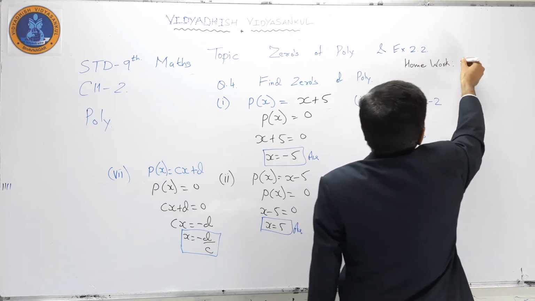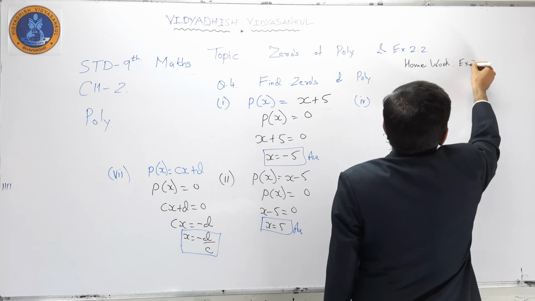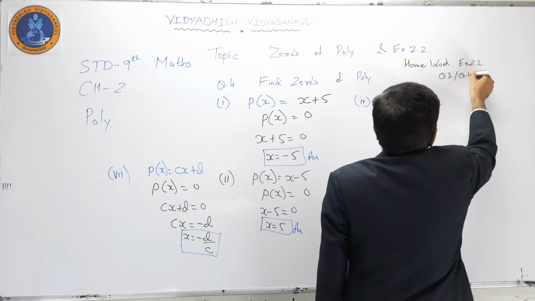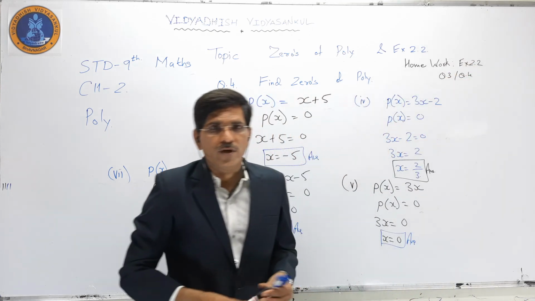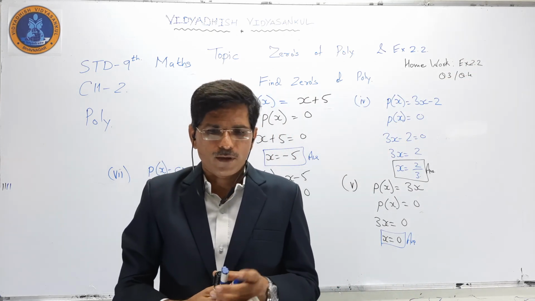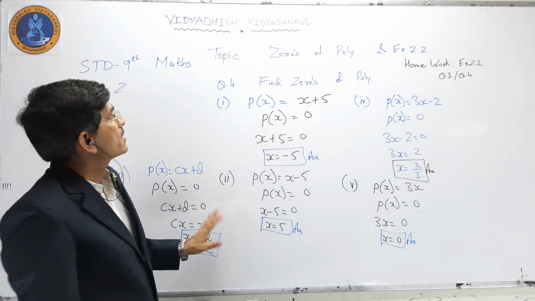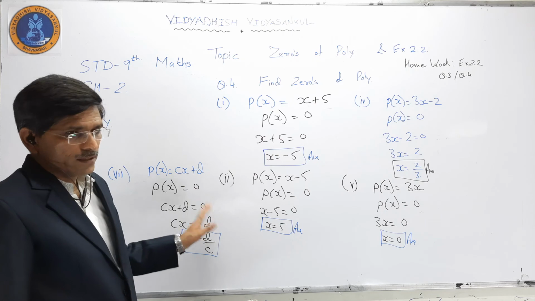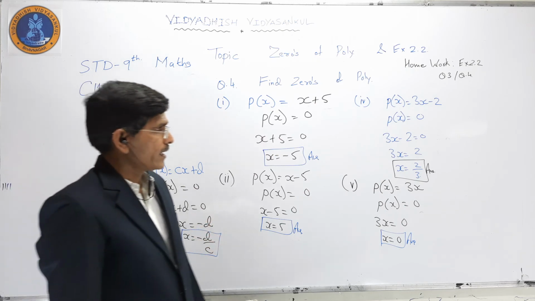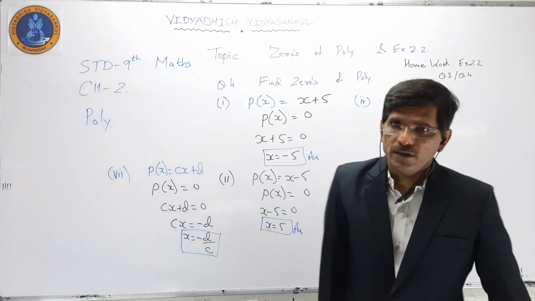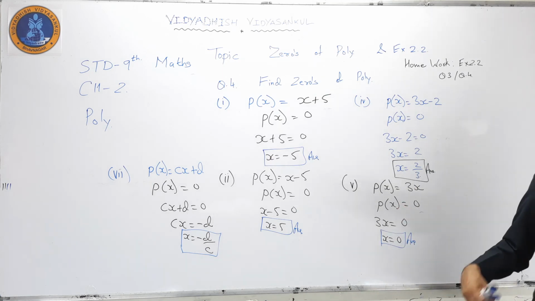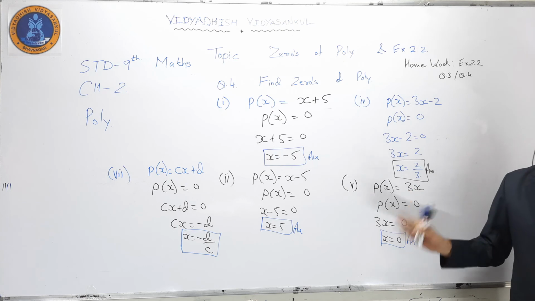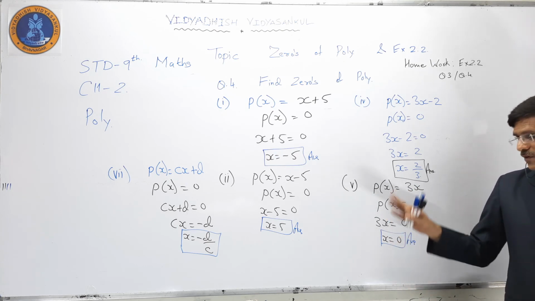That is exercise 2.2, question number 3 and question number 4. That you have to do in homework. So write this first, then we discuss some topic for the next lecture, what we have to take on. So first write this.